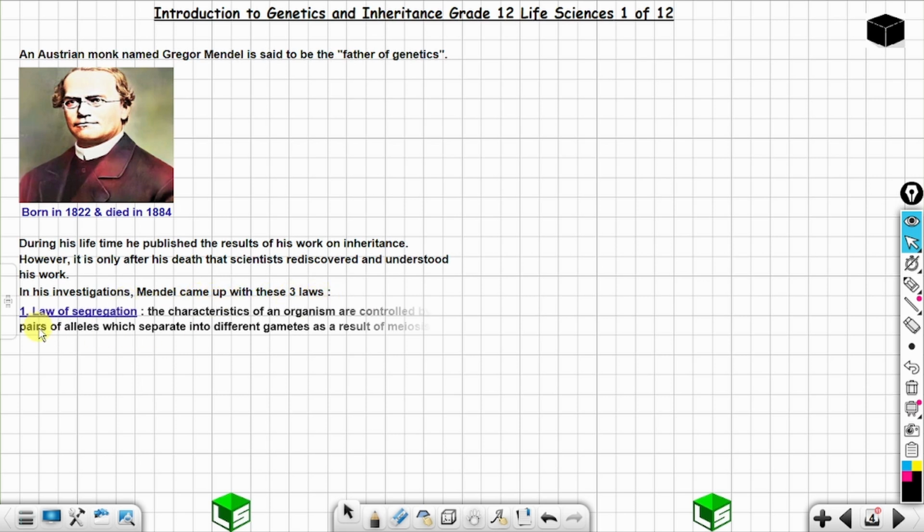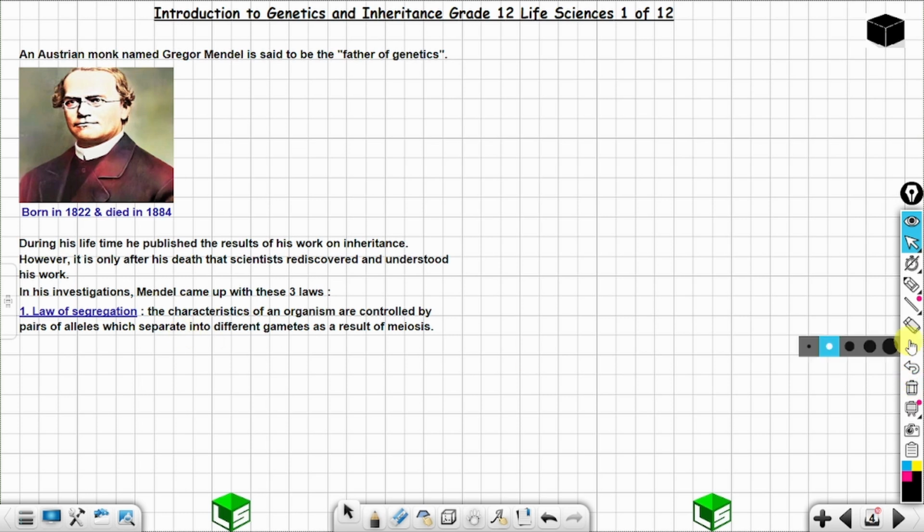Number 1, the law of segregation. The law says the characteristics of an organism are controlled by pairs of alleles which separate into different gametes as a result of meiosis. Segregation, you have separate.